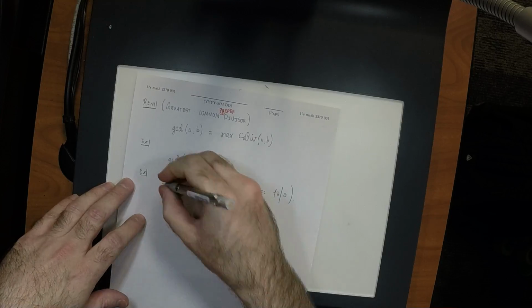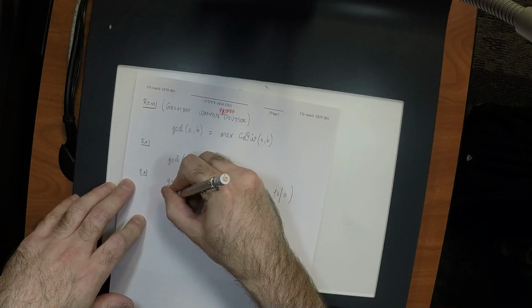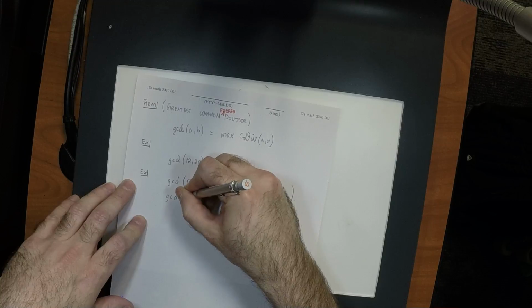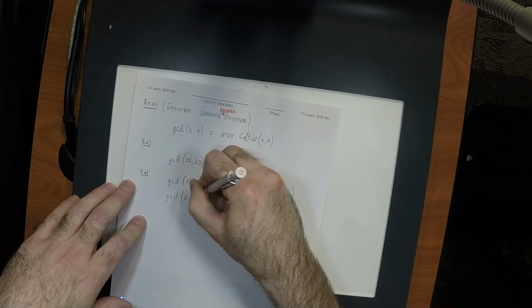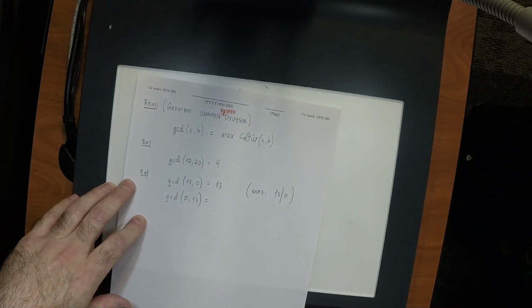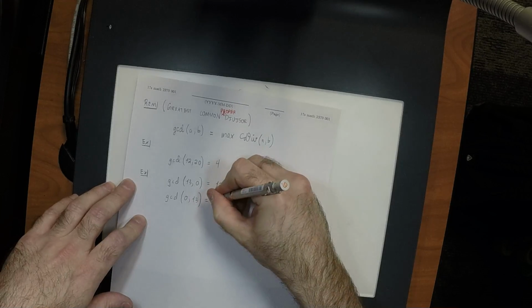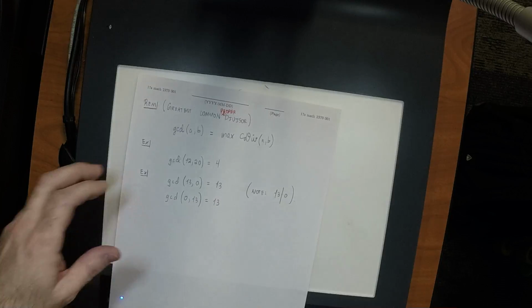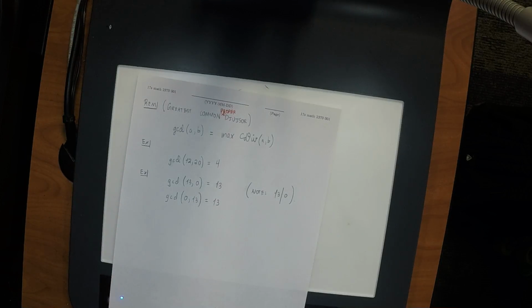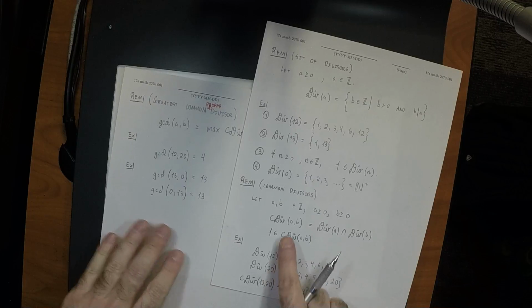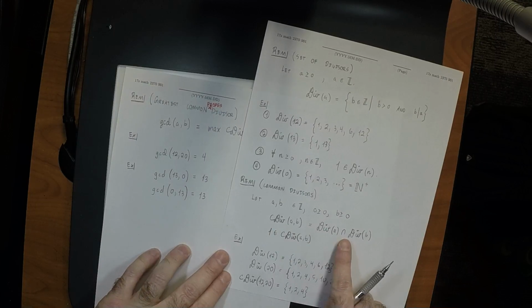And this is symmetric, right? I could say, for example, what is the greatest common divisor of 0 and 13? 13, right? So in the end, the symmetry of the greatest common divisor comes from the symmetry of intersection. If you look back to where we defined the common divisors, we defined it with intersection.